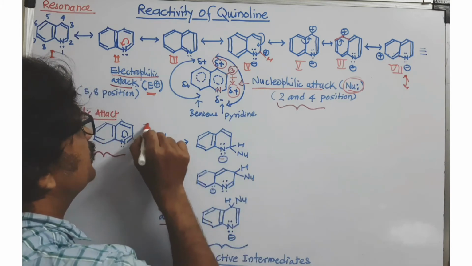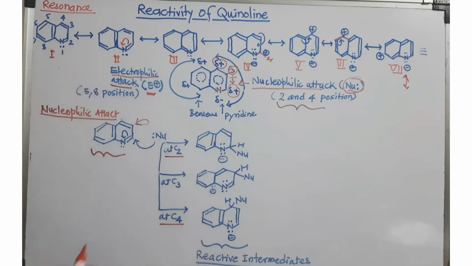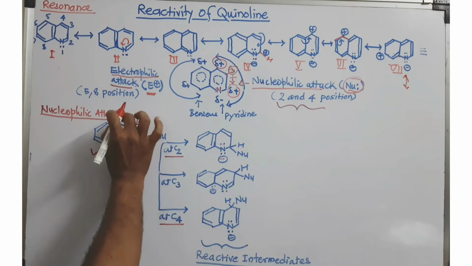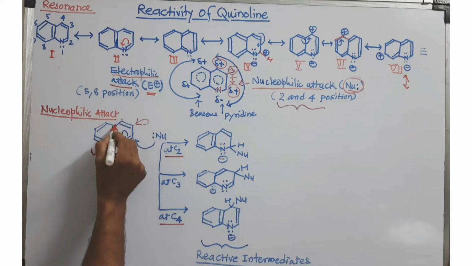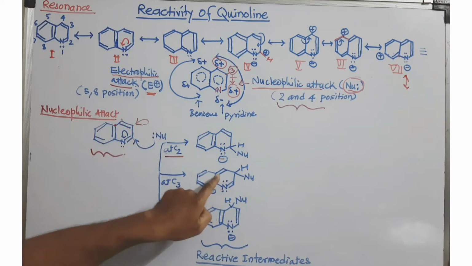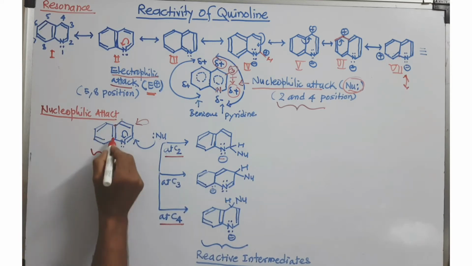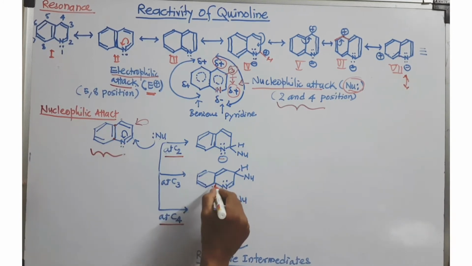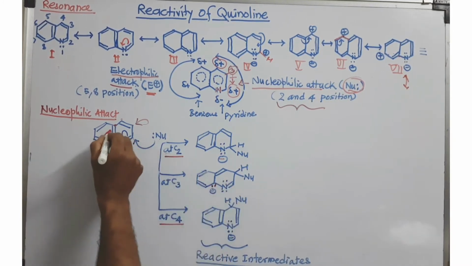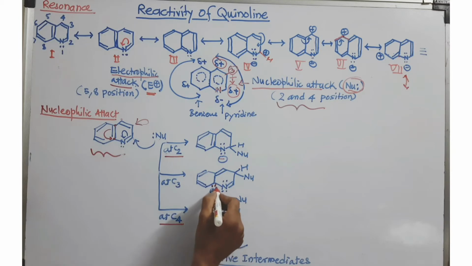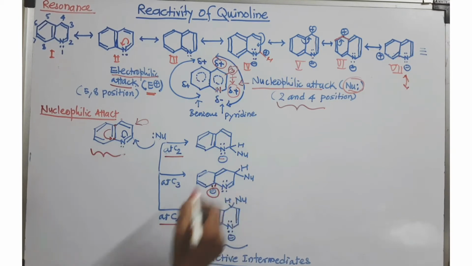If I attack at carbon number 3, I have to shift this double bond in between this carbon and this carbon, and shift the double bond's pair onto this carbon as a lone pair, so the negative charge will develop here.